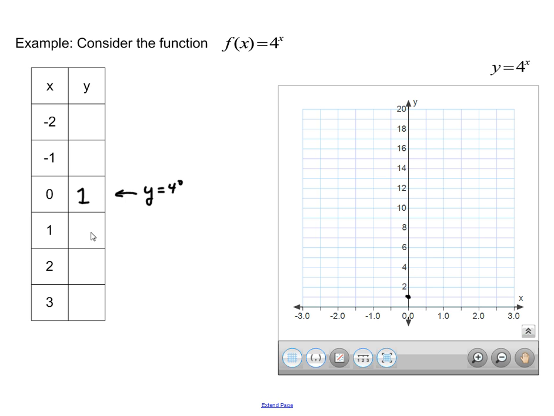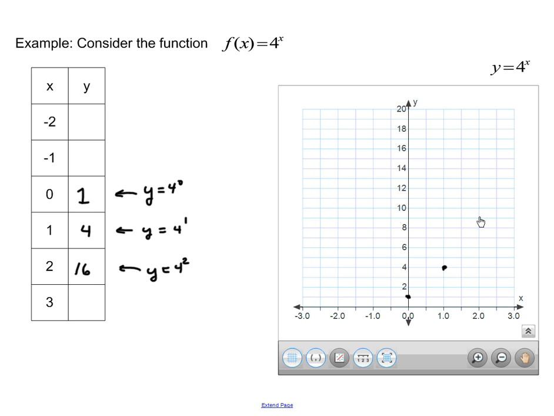We would say that at x equals 1, y is equal to 4, because y is equal to 4 raised to the first power, and any number raised to the first power is itself. So this is the kind of graph that must pass through a point like 1, 4. This is also the kind of graph that if we said x is equal to 2, then y must equal 16.